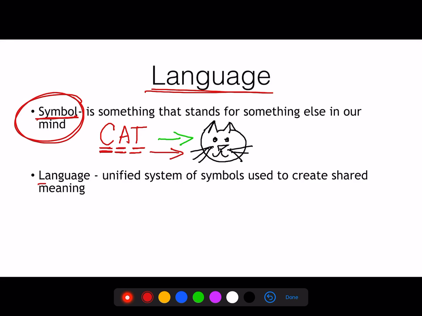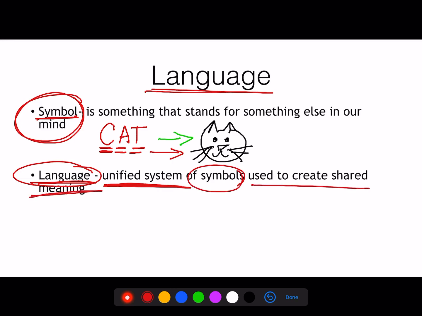All right, so the next definition is language. So for any language to work, it has to be a unified system of symbols used to create shared meaning.